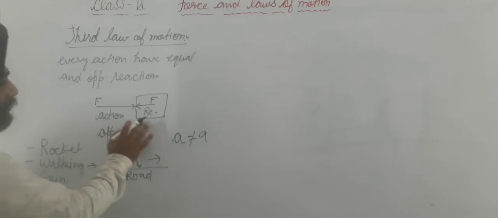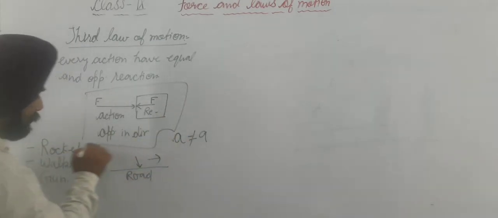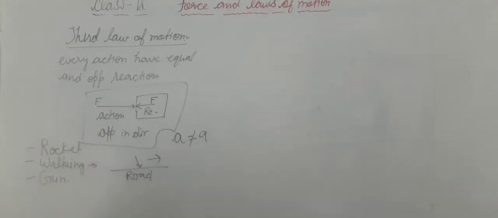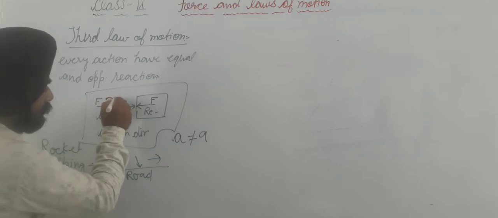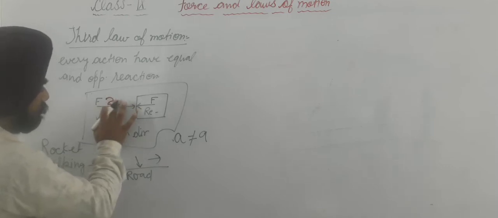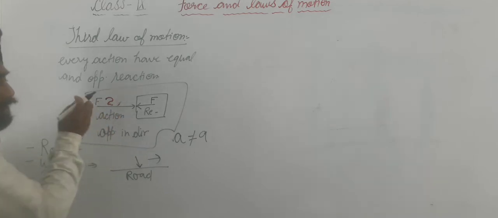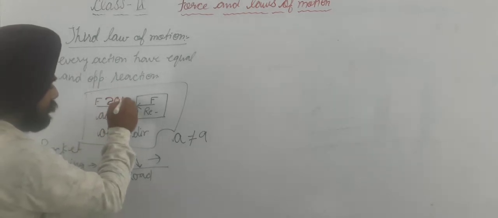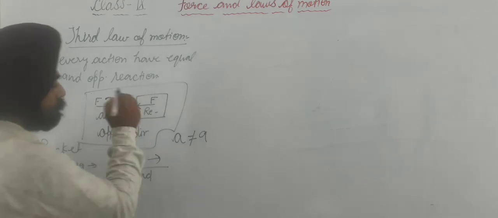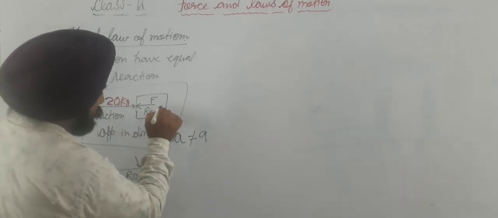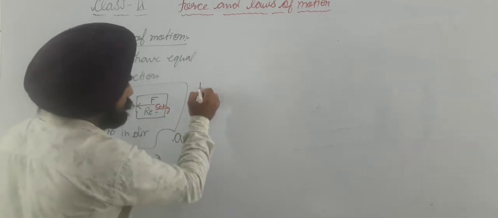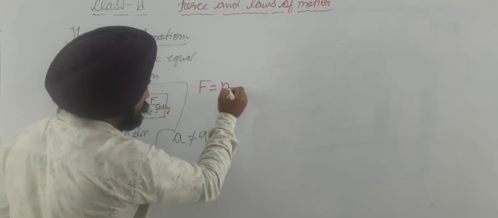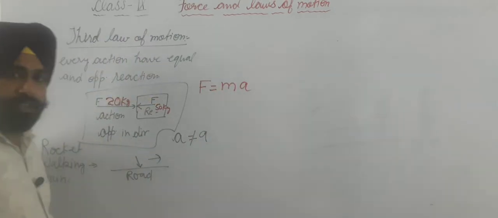Let us assume a person applies a force of 25 Newton here, the object we are considering has a mass of 20 kg, and this block has, let's say, a mass of 50 kg. We have studied the formula F equals ma.